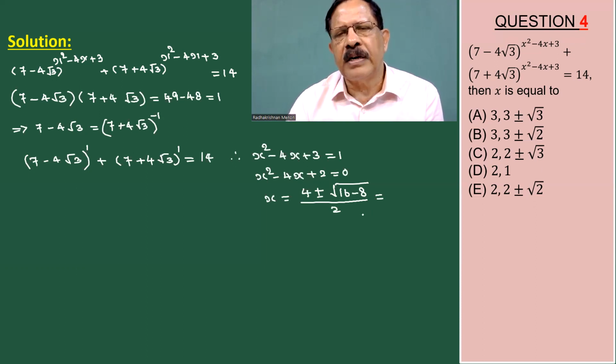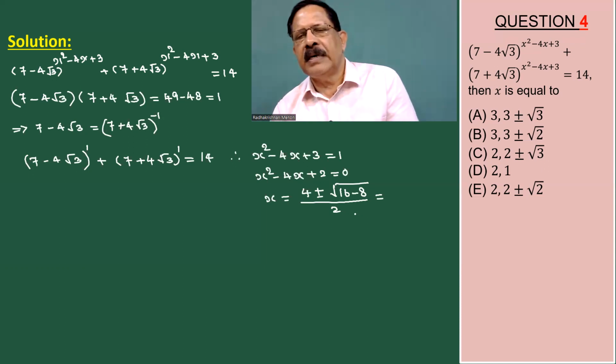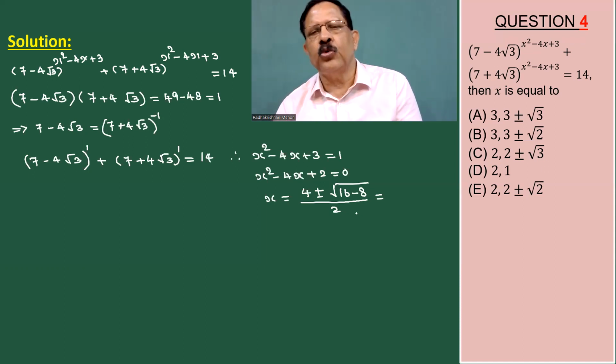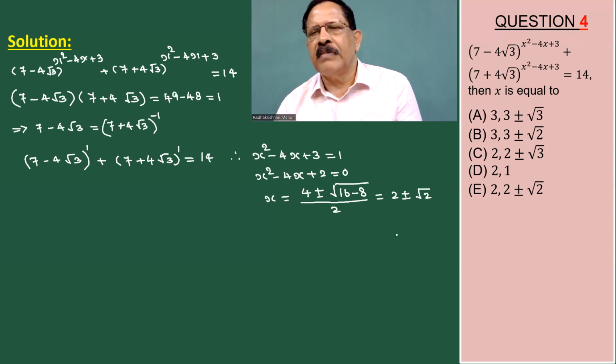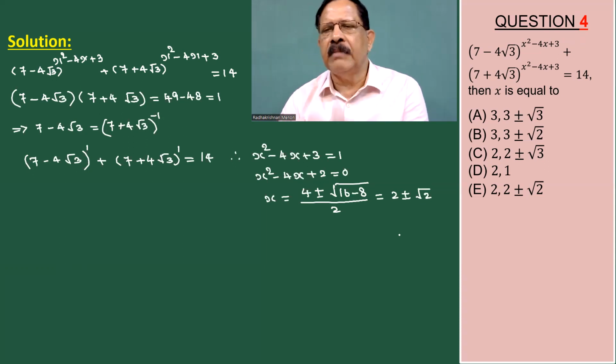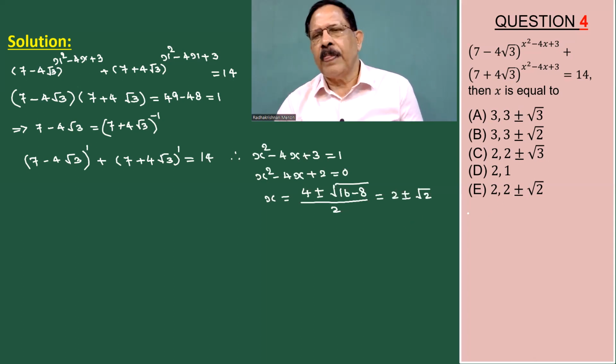When you simplify, 16 minus 8 is 8, 2 root 2. So you'll be getting 2 plus or minus root 2. So from this stage itself, you will be able to understand that option E is correct. But let us complete the solution.